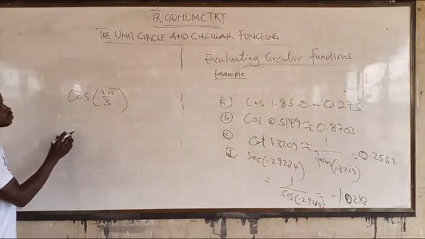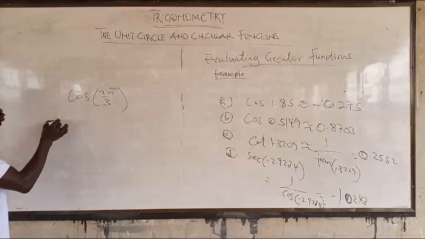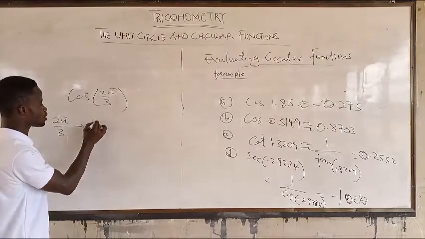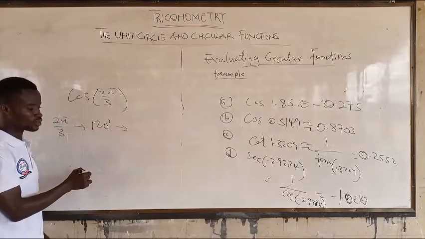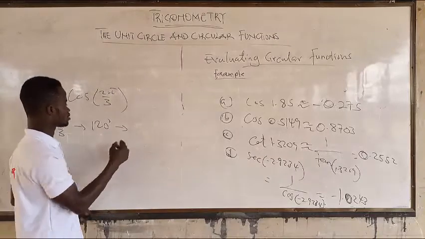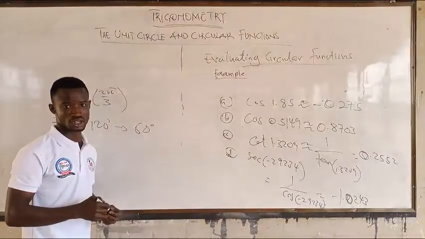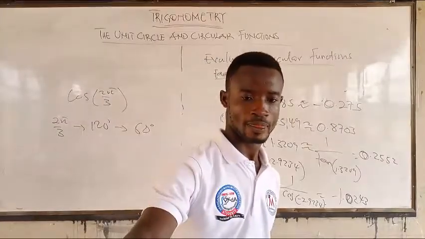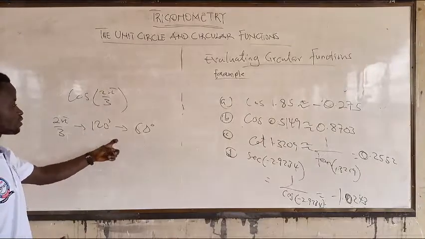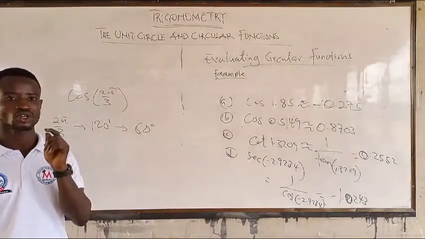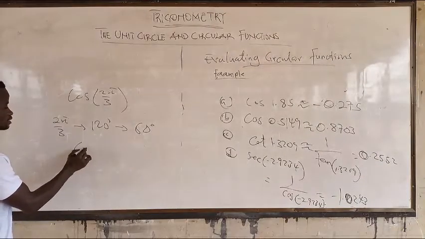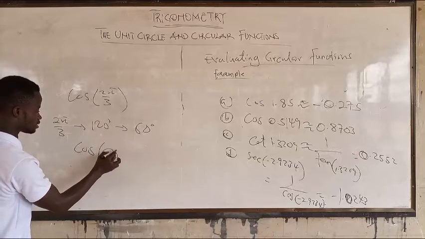Now, note that 2π over 3 is the same as 120 degrees, and the reference angle for 120 degrees is 60 degrees. So if the reference angle of 120 degrees is 60 degrees and you are to use the reference angle to evaluate, that means that instead of writing this, you write 60 degrees.